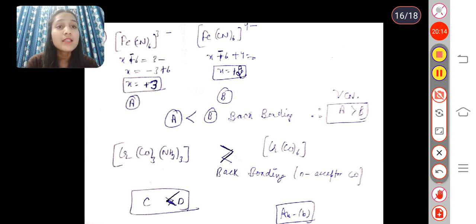In the second case we have better back bonding because it is in a lower oxidation state. So Fe can donate better to CN, it can give back donation as compared to the first one. So back bonding is present in a better form in the B complex as compared to A.